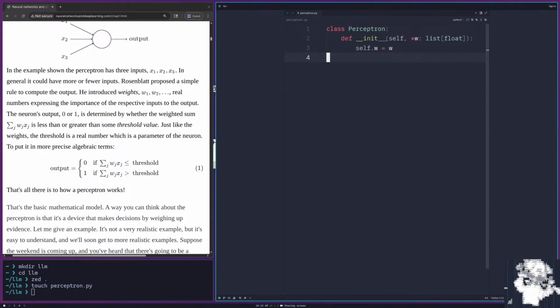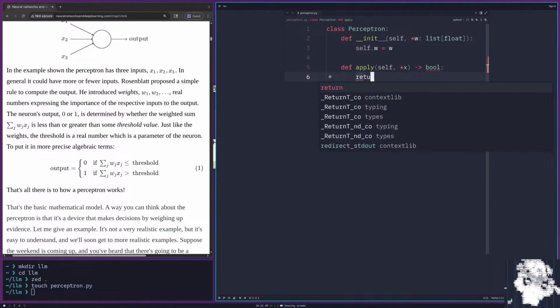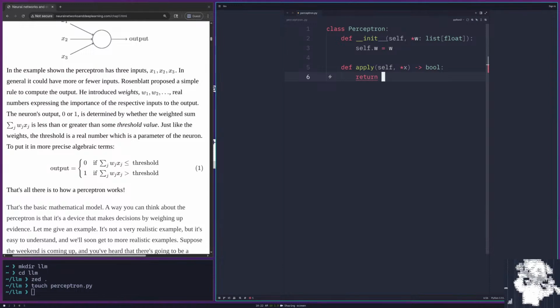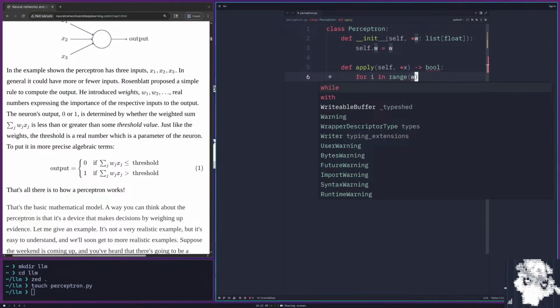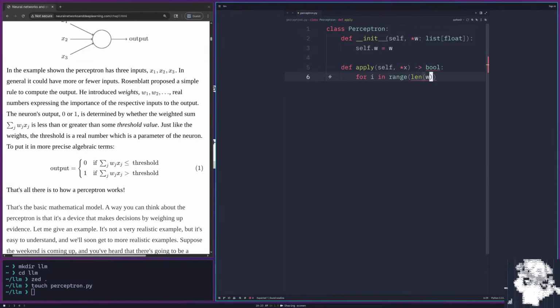And then when you apply it, you have to pass in the x. I have to do this multiplication, so I'm going to do for i in range len of self.w.